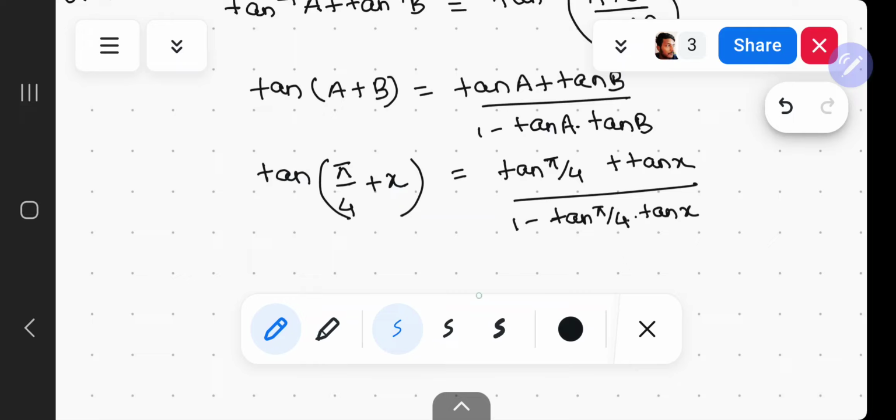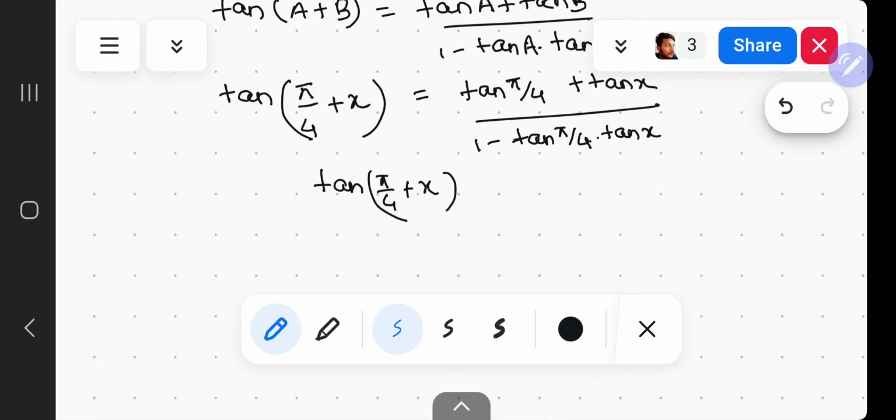So we got this. Now we'll put the value of tan pi by 4, so that will be equal to 1 plus tan x over 1 minus tan x. We have put the value of tan pi by 4, which is equal to 1. So we got this.